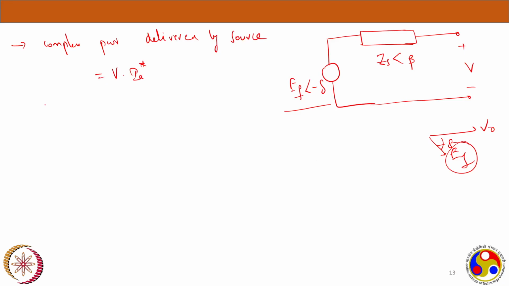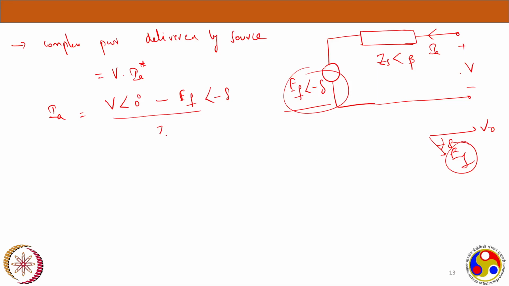V Ia star. So here, if you see, what is the current? Now the current is this Ia: V minus this voltage, the difference, divided by the impedance. That's how we can calculate it. V at an angle 0 minus EF at an angle minus delta, divided by ZS at an angle beta. So this is Ia.